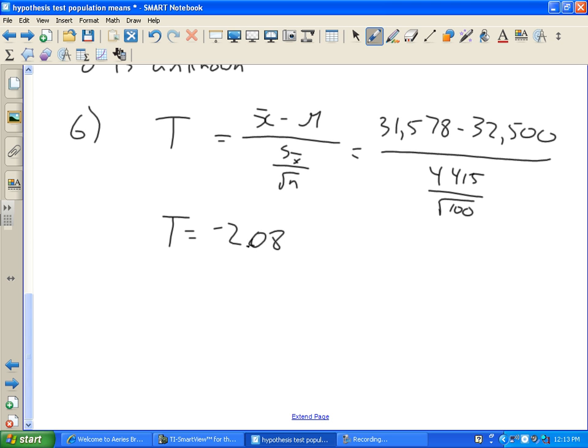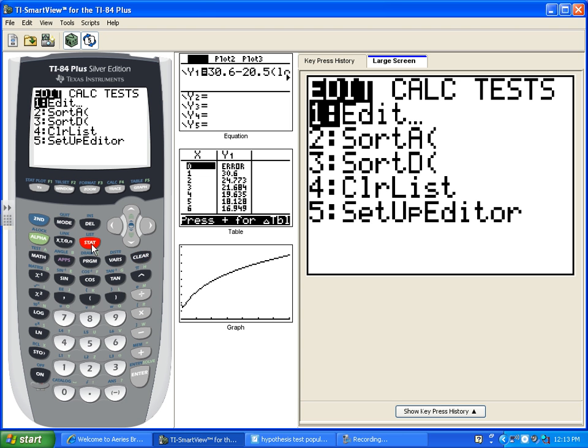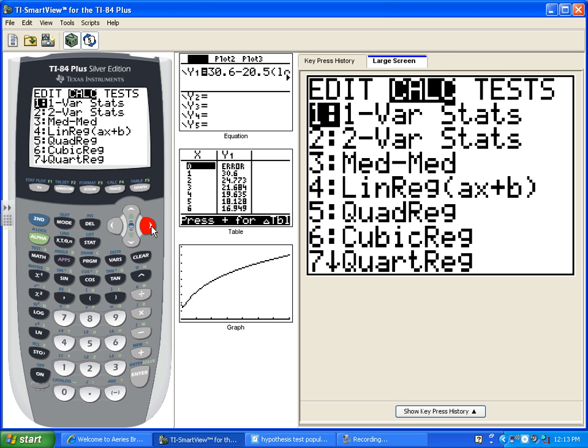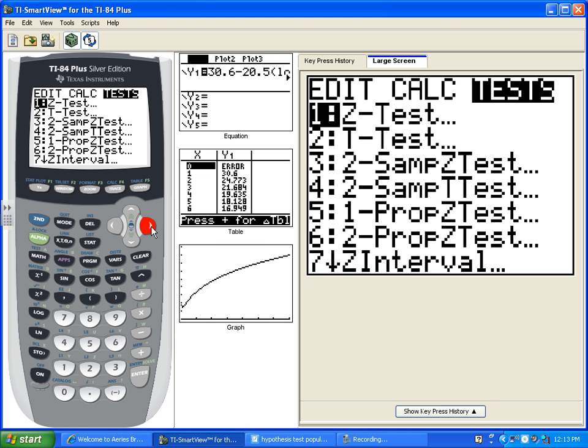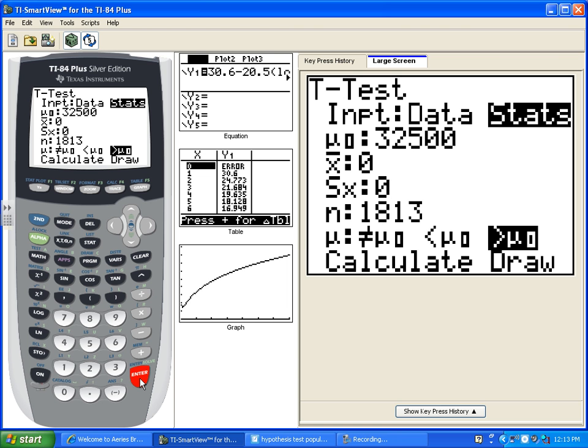Okay. So now we need to get our p-value. And most of you guys are starting to figure out the pattern on this test. Stat, Test. This is a very straightforward t-test. It's a plain, simple one sample t-test. We're going to take our data from the statistics that we have. We've got 32,500 as our mean.